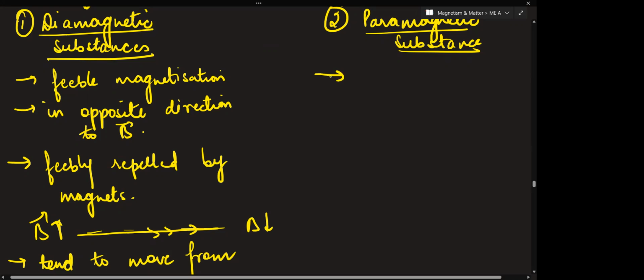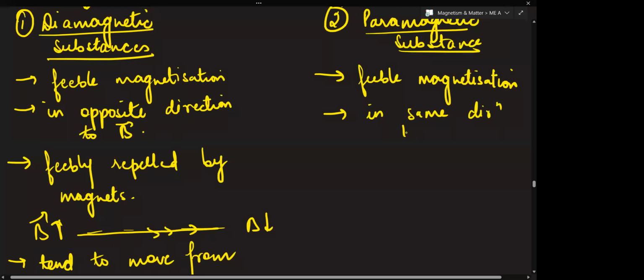So this also develops feeble magnetization, but the difference is that it occurs in the same direction as the magnetic field. Feebly means weakly attracted by magnets.